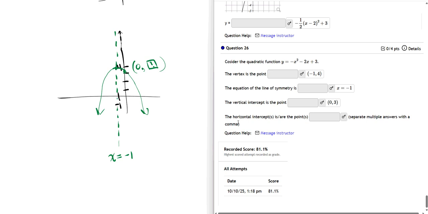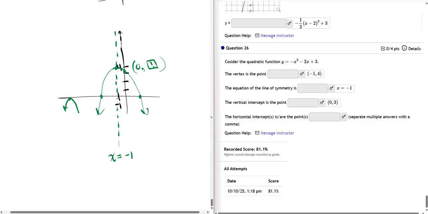The horizontal intercept, which is the x-intercept or intercepts. So remember, parabolas can be floating below or above and not have any x-intercepts. They can be like this one, which looks like it's going to have two x-intercepts, or it can be where the vertex is actually on the x-axis and it's just going to have one intercept.